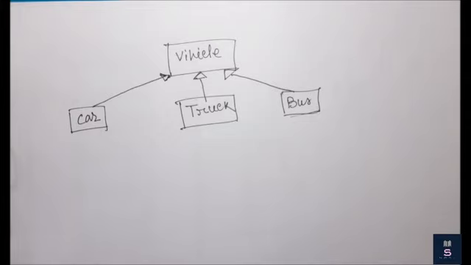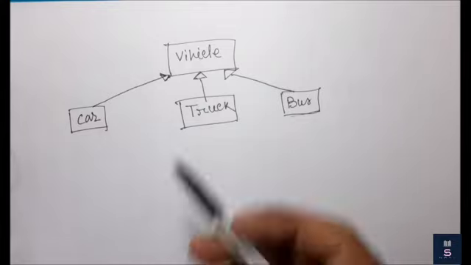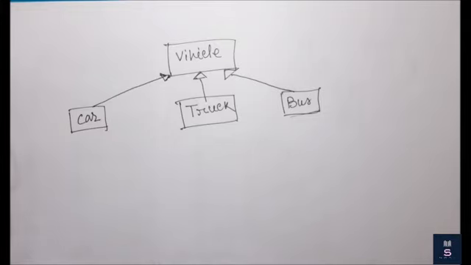Car, truck and bus share common properties such as number of wheels, speed, capacity, etc. Those common properties are abstracted out and put into another class, say vehicle. This type of relation is called generalization. So we have seen inheritance for specialization and inheritance for generalization.